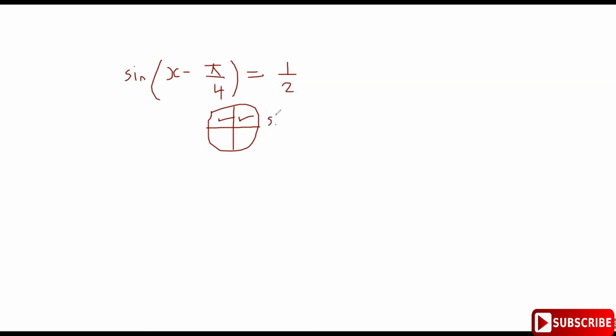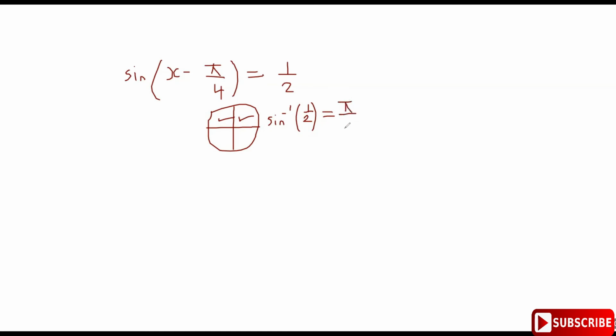You work out sine inverse of a half. And when you work that out, what are you going to get? Sine inverse of a half is pi by 6.